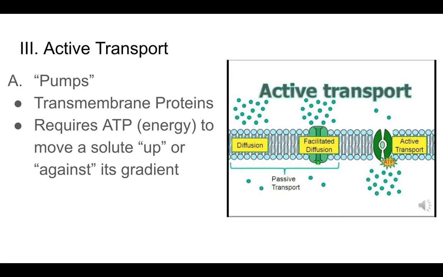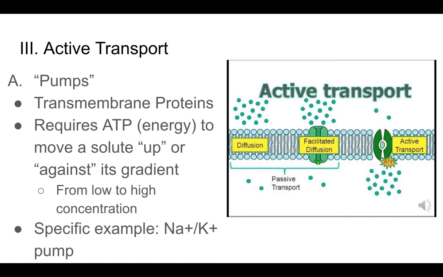Against the gradient is the idea of fighting against the natural passive diffusion of taking something that's really concentrated and spreading it out. Instead, we're going against that natural law, and we are taking an area that's already concentrated and trying to put even more into it. So both of those, up or against the gradient, indicate from low to high concentrations.